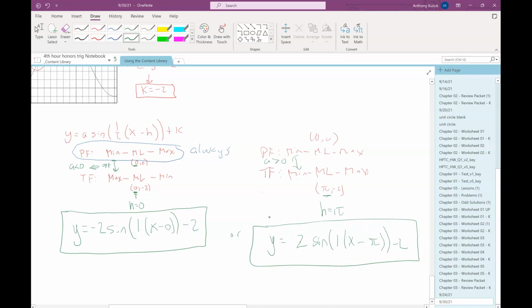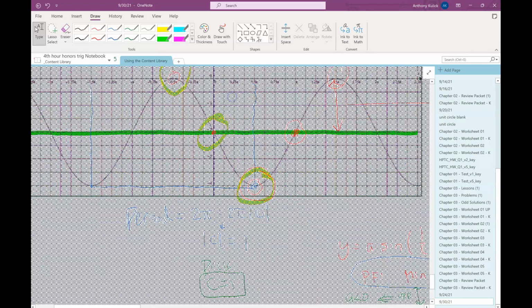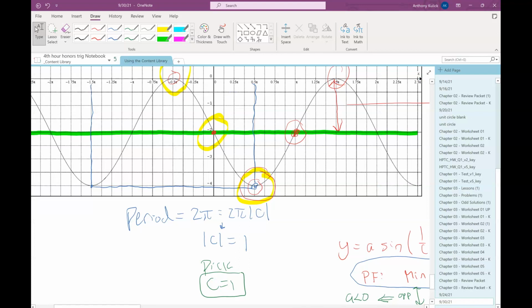Lexi? Can you go over how I got C again? Yeah. So for C, I just looked at the period. I chose to look at the distance from minimum to minimum. You could go from maximum to maximum, or from a midline point to a second midline point, like midline, midline, and then one more midline to end it. But any of those distances are going to be fine.